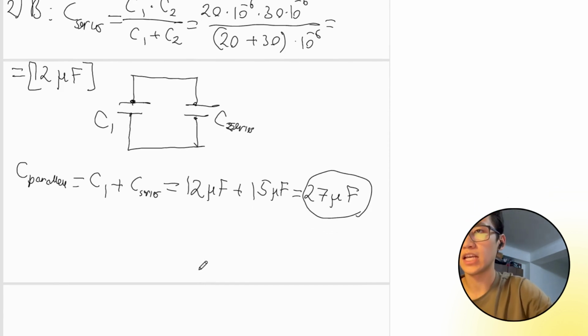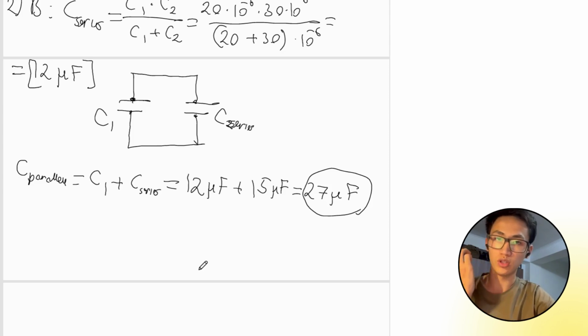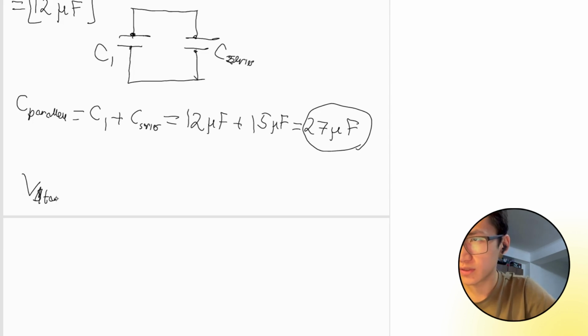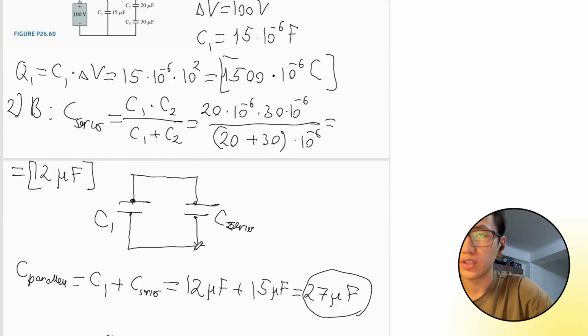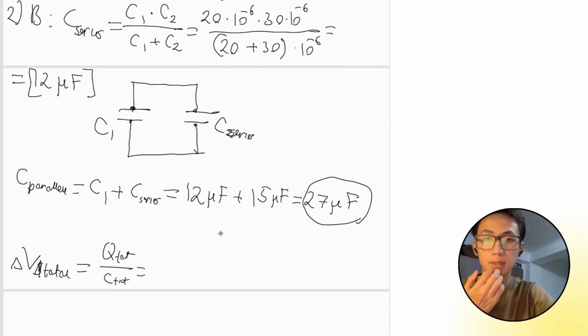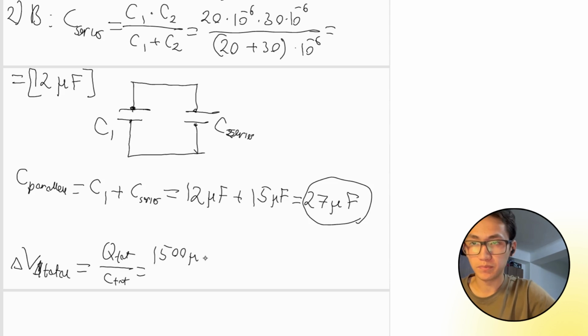It's the total. As we have the total charge and total capacitance, we can find the total voltage across this circuit. It's Q total divided by C total: 1500 microcoulomb divided by 27 microfarad.